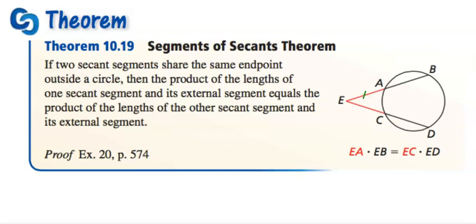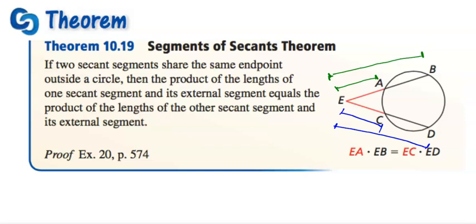Now we're using the outside portion of the segment times the entire segment. So EA times EB is going to equal, again, the outer part of the segment times the entire segment. So the product of the outside portion times the entire segment will equal the product of the outside part of the other segment times its entire segment.